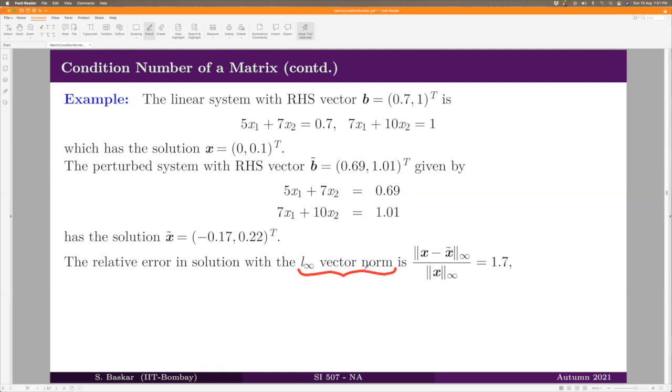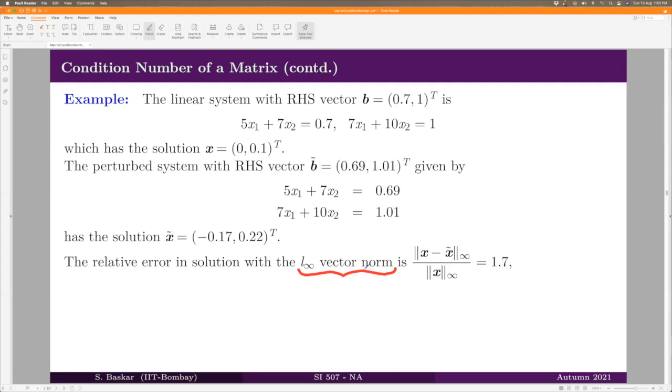Remember, if I want to work with a physically realistic situation, I should have fixed the Euclidean norm as my vector norm. But when we go to do the corresponding subordinate matrix norm, we need to do a little more calculation with eigenvalues of A transpose A and all. So I don't want to do that.